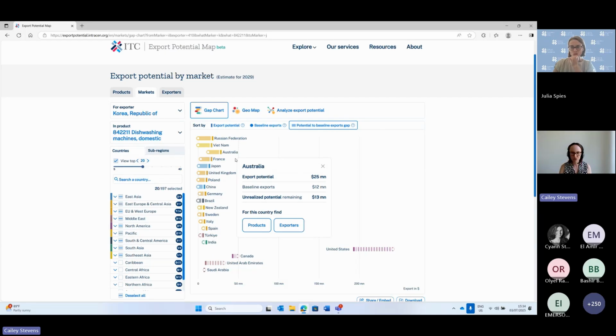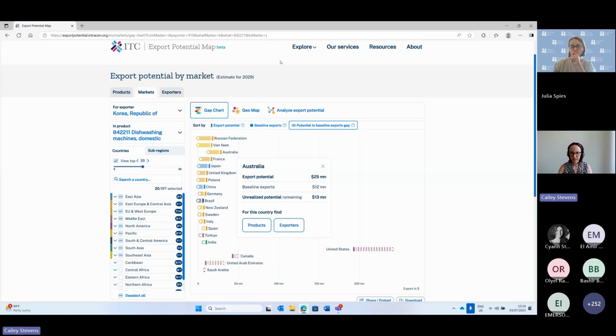So now I want to end by looking at a case of product diversification. What we've been looking at so far is export potential. So we're seeing, for established export products, which countries have unrealized potential and what are some potential new markets that we could export to. Now I want to switch gears and look at new products.